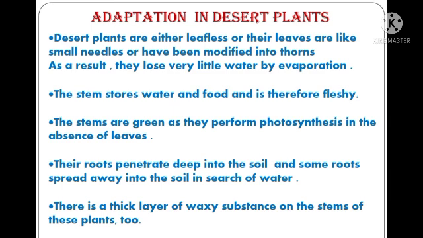So the stem is storing food in it, therefore the stem is fleshy. The stems are green as they perform photosynthesis in the absence of leaves. Again, students, we know in desert plants, leaves are modified into thorns. So, who is going to perform photosynthesis?